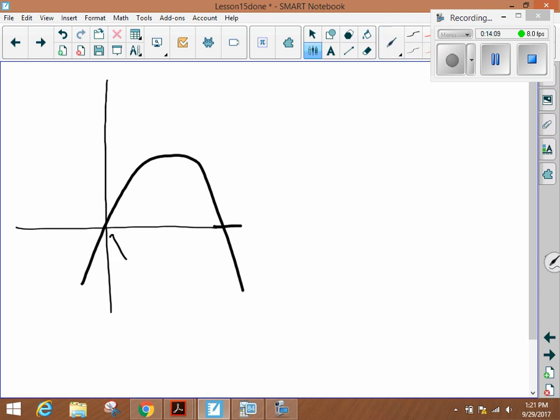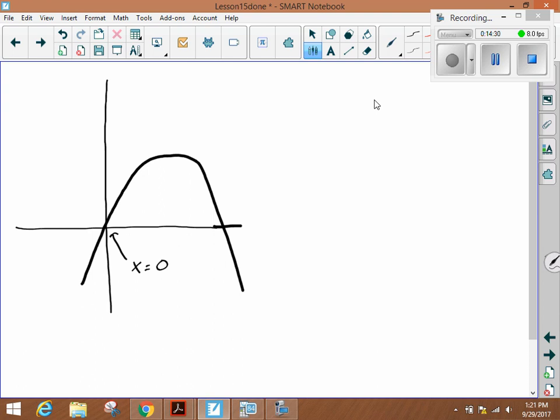And what does this mean when x is 0? Well, that means you're going 0 miles per hour. And what's kind of weird is that we actually have an intercept that doesn't make a whole bunch of sense, right?